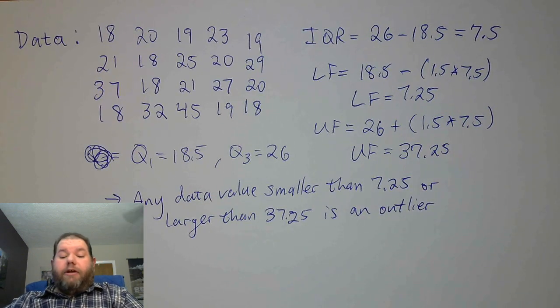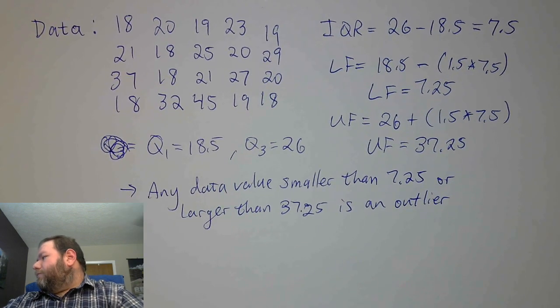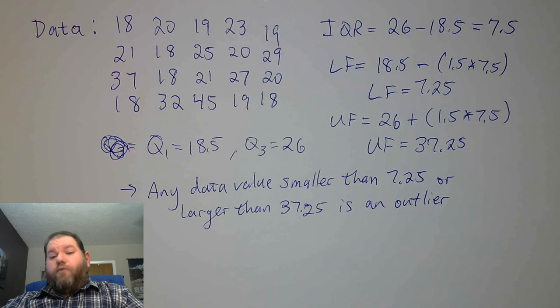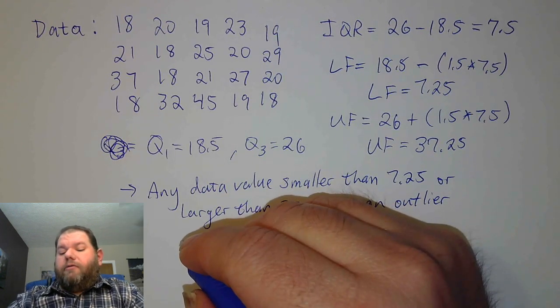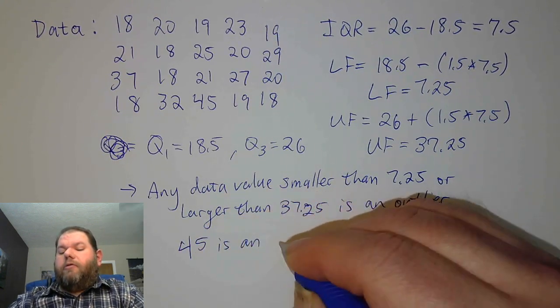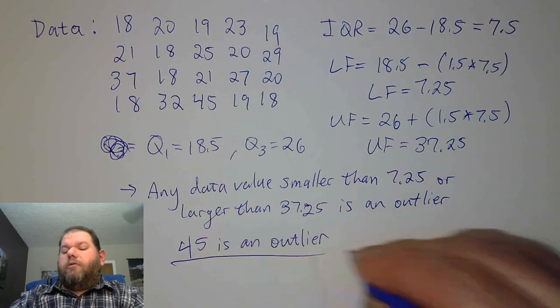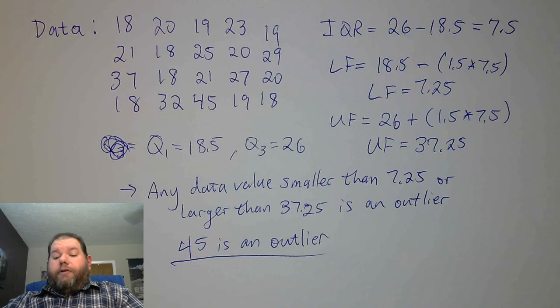Do we have any outliers in this data set? For 45, right? Right.